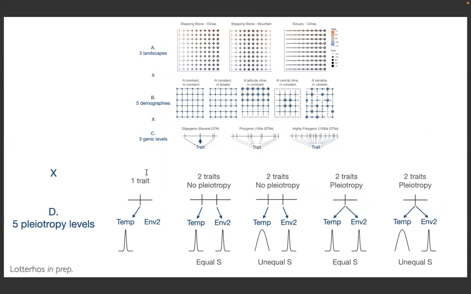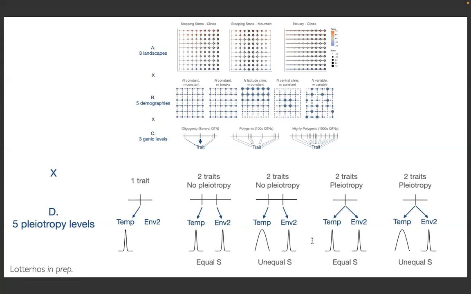So I had single trait, single environment simulations, as well as simulations with multiple traits and environments with no pleiotropy. So a mutation could only have an effect on a trait that was adapting to one environment, or with pleiotropy, in which a mutation could have an effect on multiple traits adapting to multiple environments.